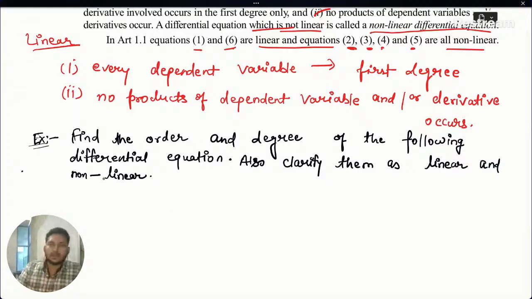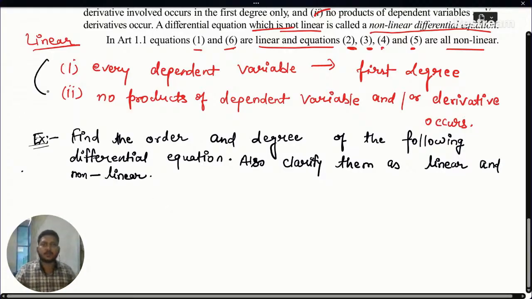So check for linear, for which these properties hold, and if the equation is not linear, then it is called a non-linear equation. Wait a second, let me adjust.